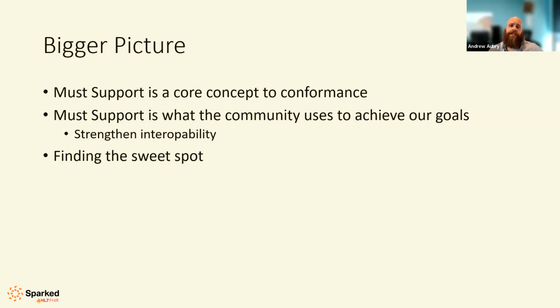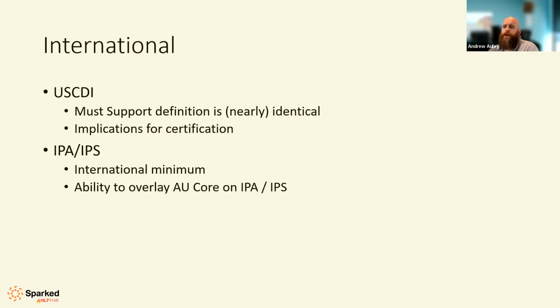And then finally, should these things be at an element level, where you have shown meaningful data for the overall element, or do these must supports need to be at a lower level? Do they need to be on individual data types under a given element? So there will be a lot of balance as we move forward with our development of AU Core in R1 and in future releases. Internationally, US Core has nearly an identical definition of must support.